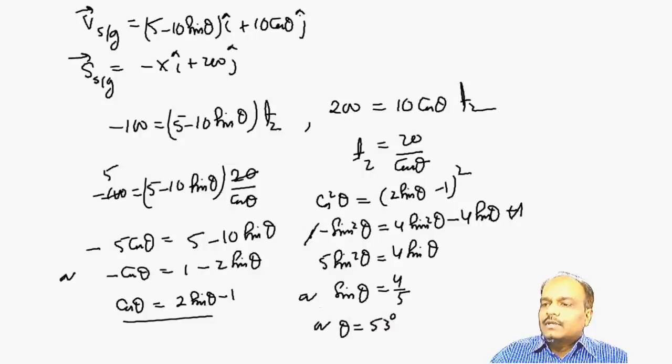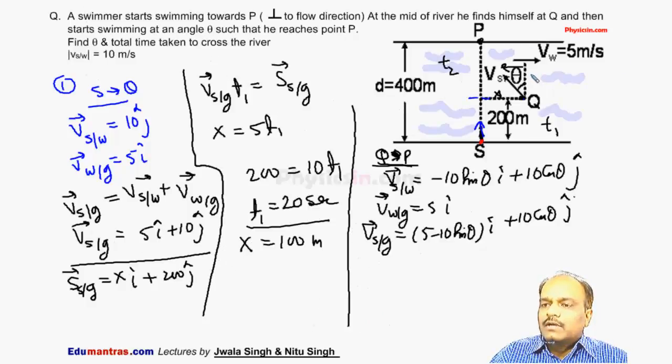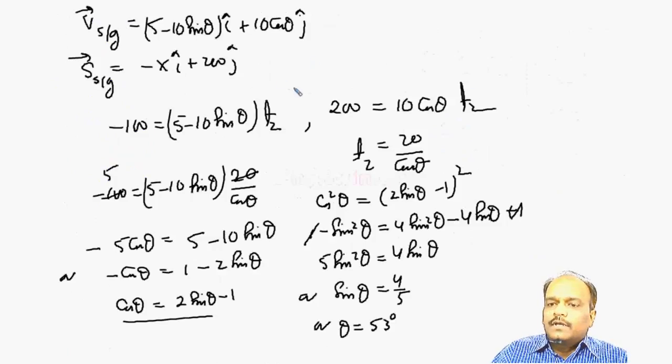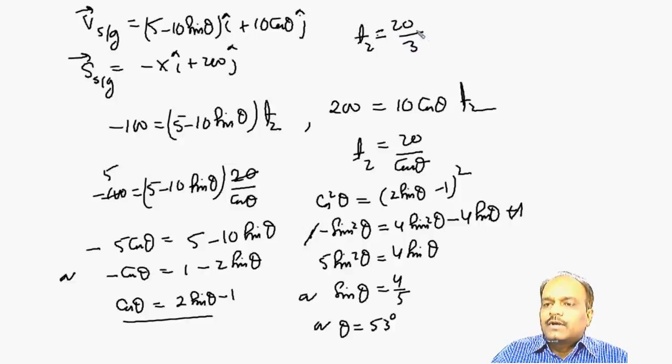So from here, this swimmer starts swimming at an angle of 53 degree. He will take time t2, and we know t2 is equal to 20 by cos theta. So from here we get t2 is equal to 20, and cos 53 is 3 by 5, so it is 100 by 3 second.